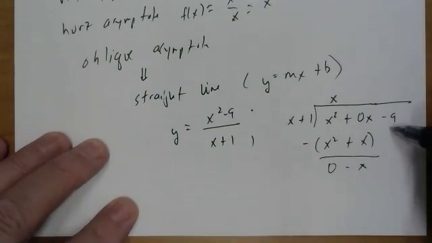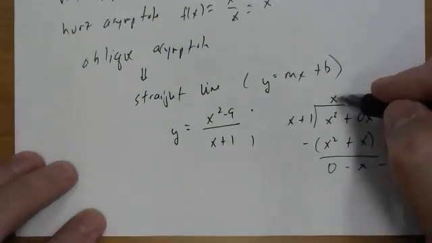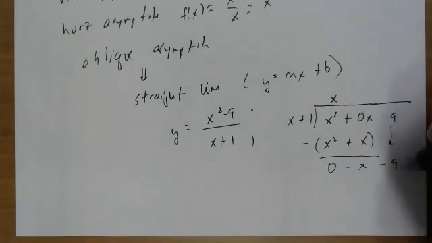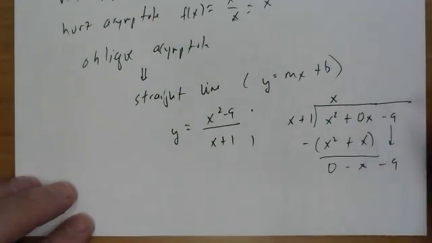Then like in division, you bring down the next term. So you have negative x minus 9. Sorry, I misspoke. We got a negative x here, negative 1x.